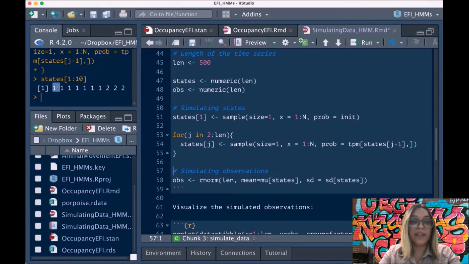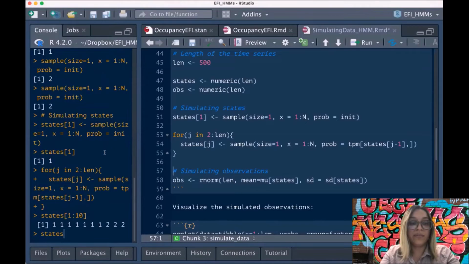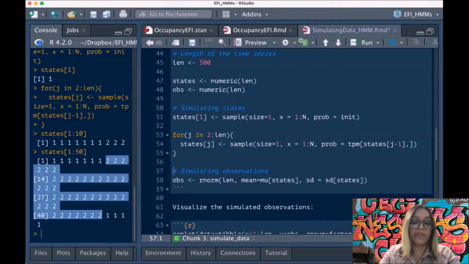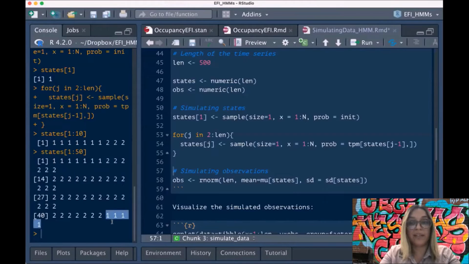I'm beginning in state 1, and then I remain in state 1 for a period of time before I switch to state 2. And I imagine that if we see a few more, we'll see we remain in state 1 for a period of time, then we switch to state 2 for a very long period of time before we switch back to state 1.